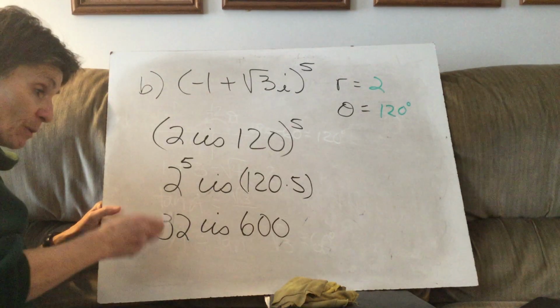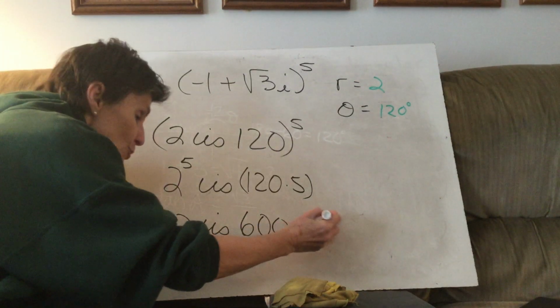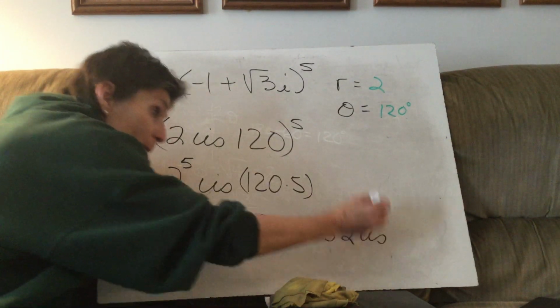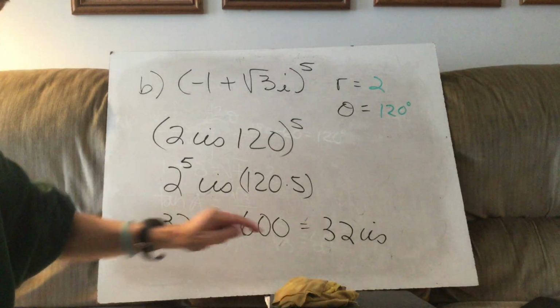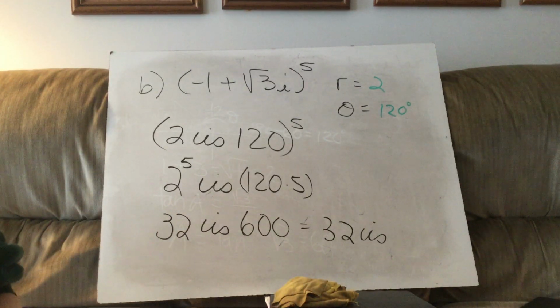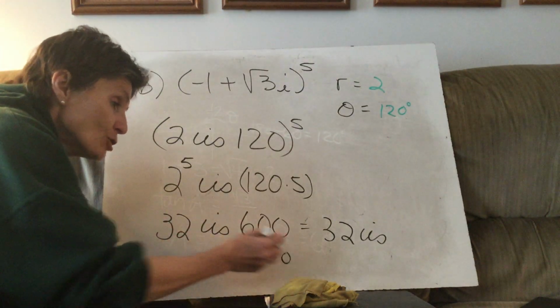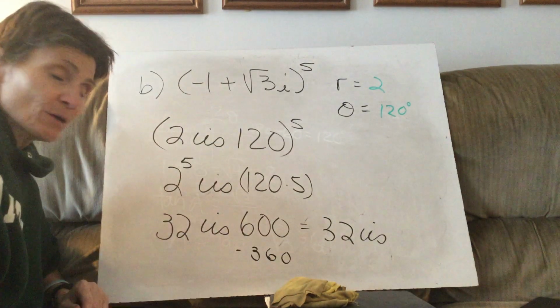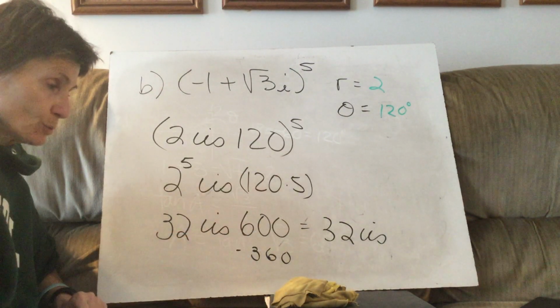Now, we ran into this last time. That angle is too big, so you're going to have to shrink that down. Do you remember what we do when our angle is too big? Yep, we subtract 360. 600 is more than a revolution. We do not want an angle that is more than a revolution.